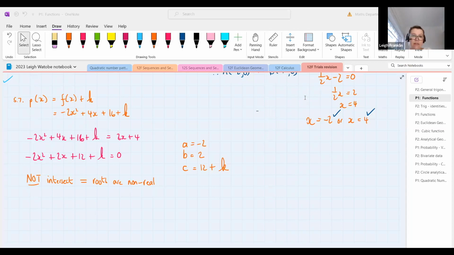They don't exist. When the straight line touches the parabola or another curved line in one place, then we say that the roots are equal. And if they intersect in two places, then we would say that the roots are real. Is this kind of coming back to everybody?